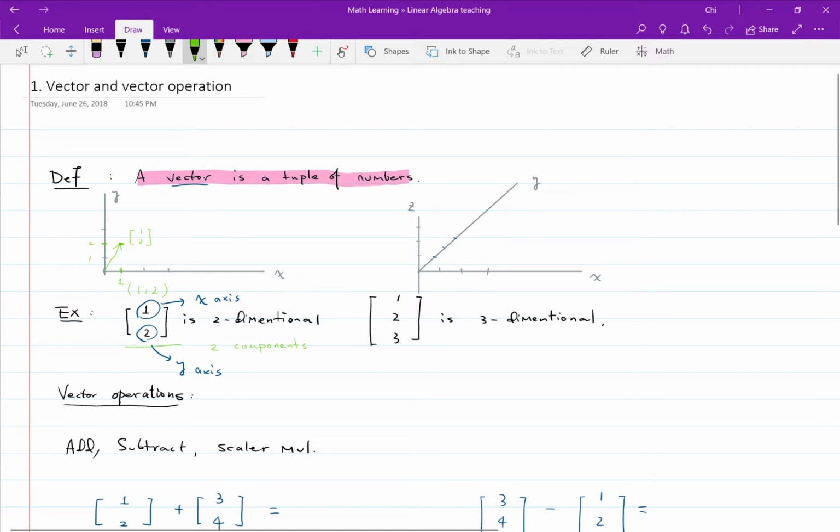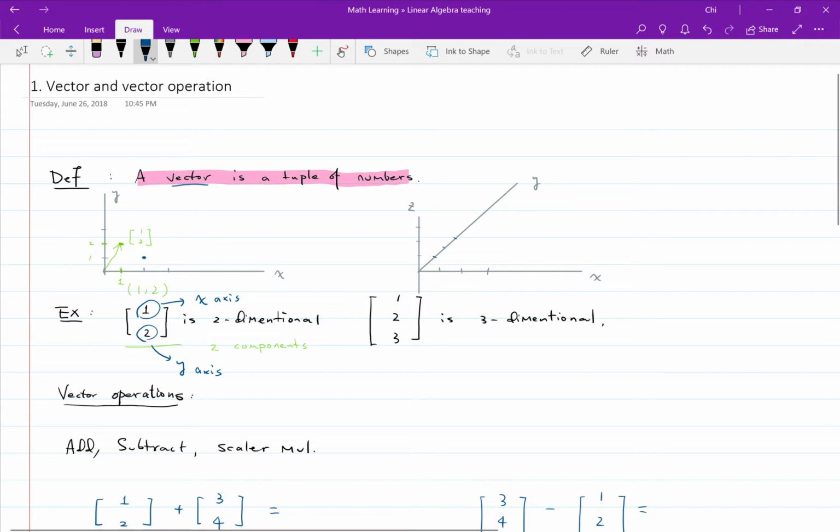And something else about vectors is it doesn't matter where you put the vector. So here we have 1, 2, but it starts at the origin. We can also start the vector at here. We use a different color. So if we start the vector from here, it's the same thing. Again, we count.